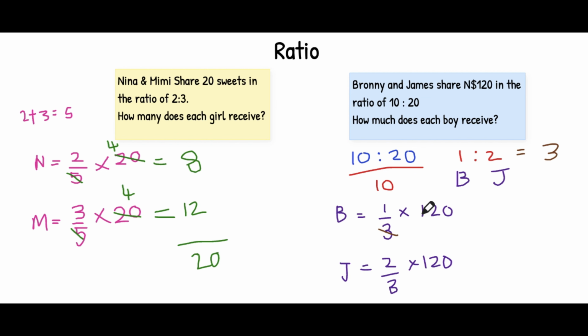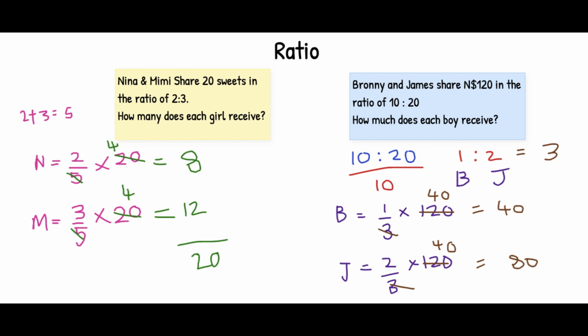3 goes into 120. If you remember the video on short division, you can say 3 goes into 12 4 times, into 0, 0 there. Then 40 times 1 is 40. Then 3 goes into 120 again 40 times. Then 40 times 2 is 80.